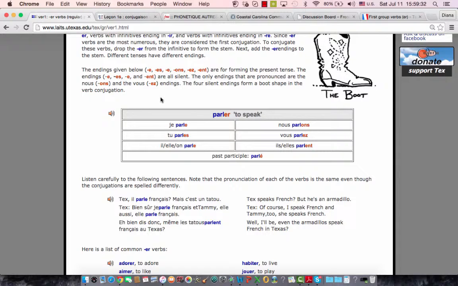These specific endings are specific to tense. For now, we're studying only the present tense, and to subject pronoun, right?